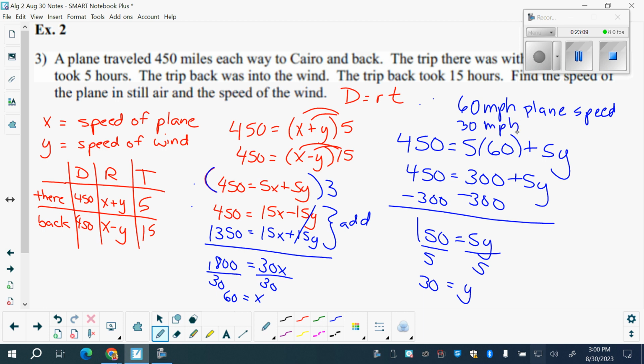Does that make sense? Miles per hour? Sorry, I should have talked about that. Speed is usually miles per hour, feet per second, or kilometers per hour, but it's always speed, distance over time. And then that is the wind speed.